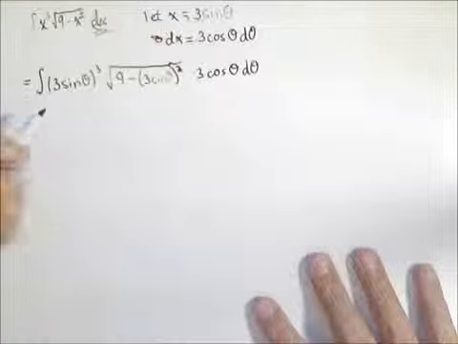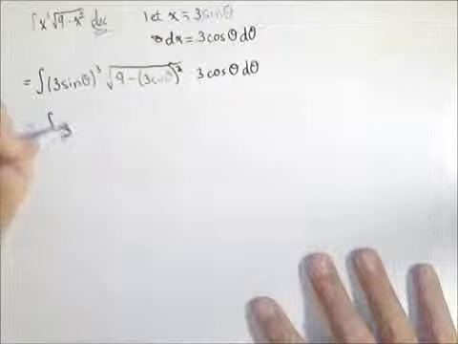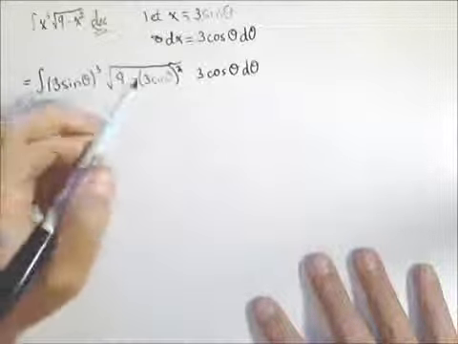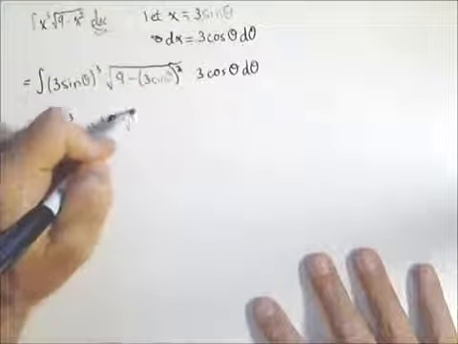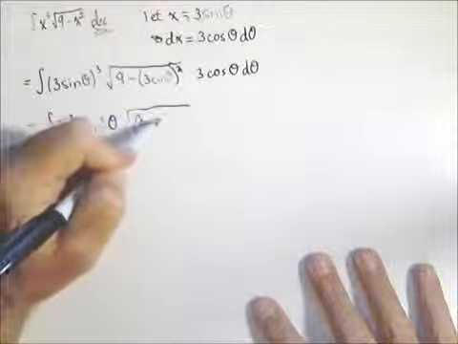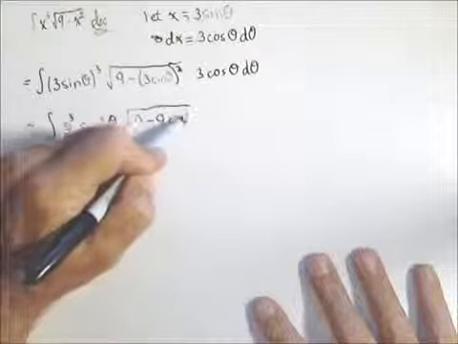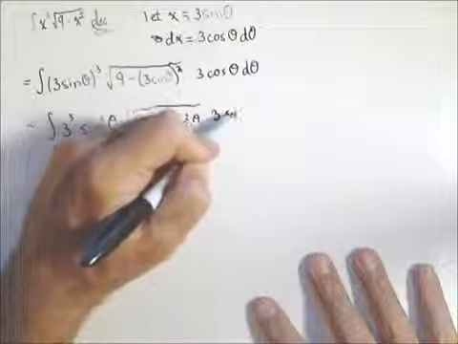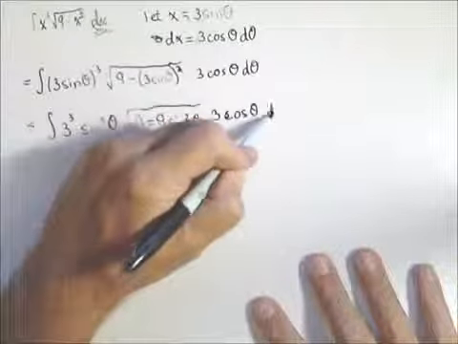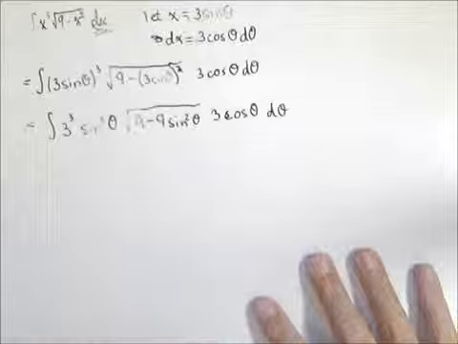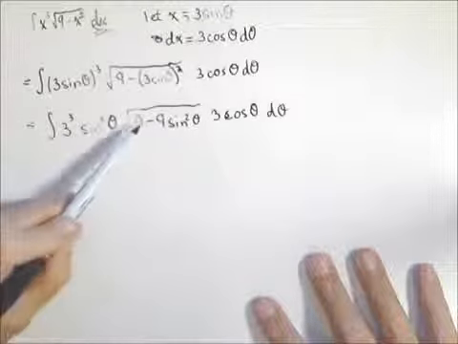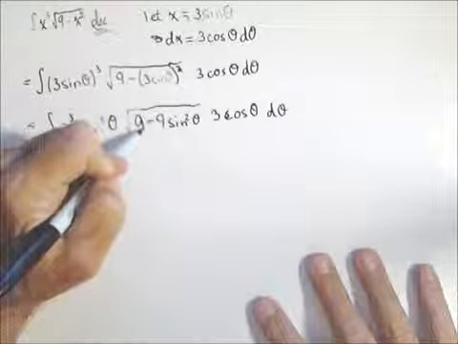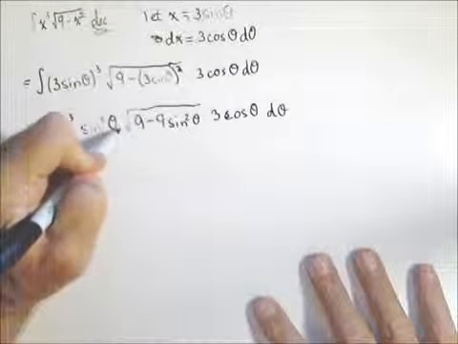So first off, let's start in the front. We'll have 3 cubed sine cubed theta. In here we're going to have square root of 9 minus 9 sine squared theta. And here we have a 3 cosine theta d theta. Now, what we are going to be able to do under this radical is we can factor out a 9, and then we can pull that 9 out of the radical.